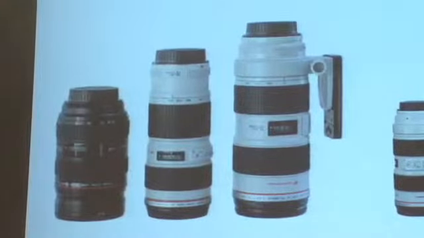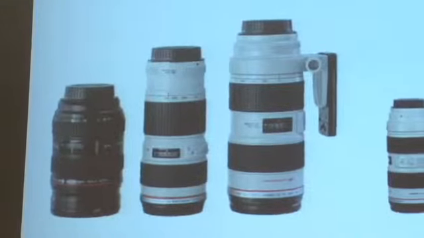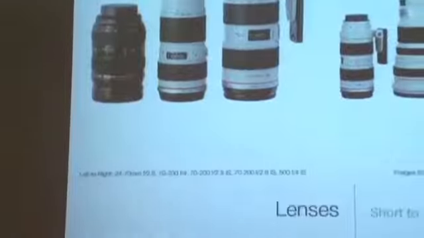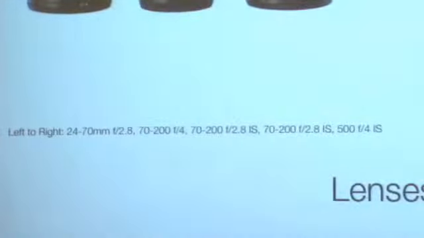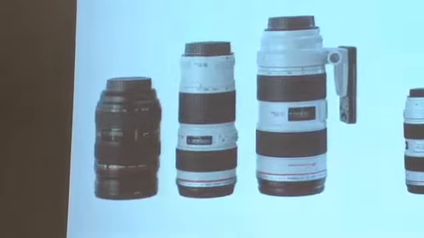It doesn't mean the focal length has changed, but what's more important is the bulk, how much wider this lens actually is. And it's considerably heavier. I don't know if it's twice the weight, but it's probably about 1.5 to 2 pounds heavier for this lens on the right. And I can guarantee that if you're walking around with this lens, you're not going to want to carry around such a heavy lens all the time.